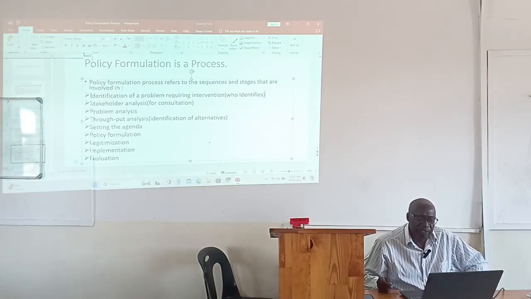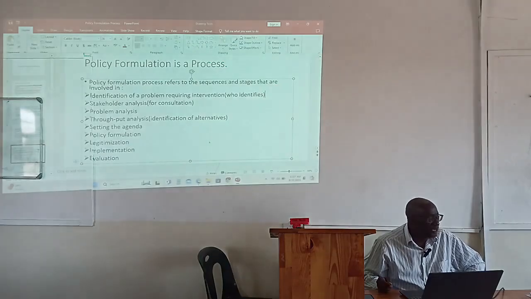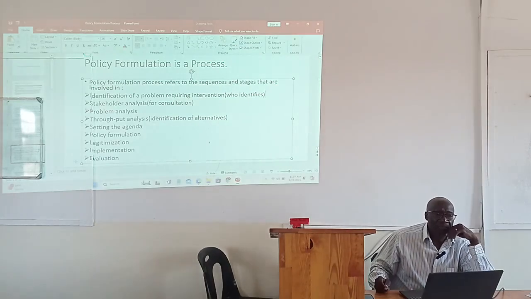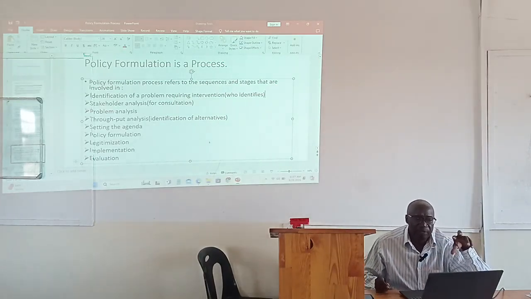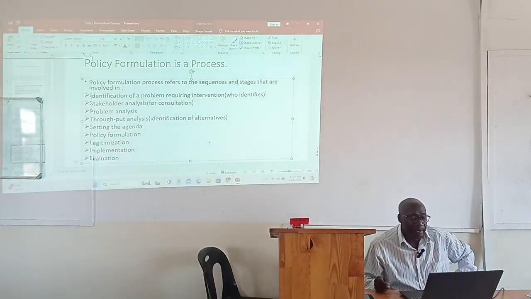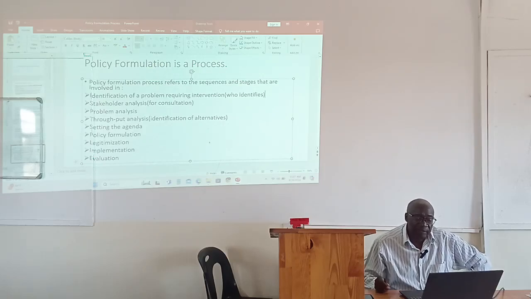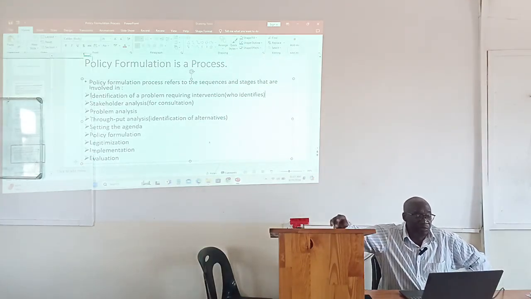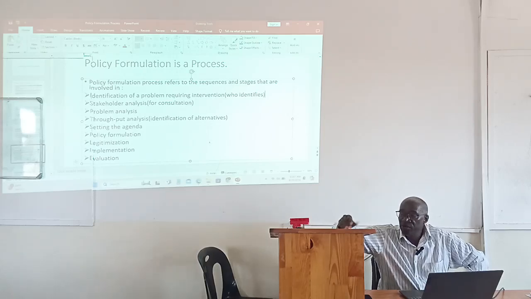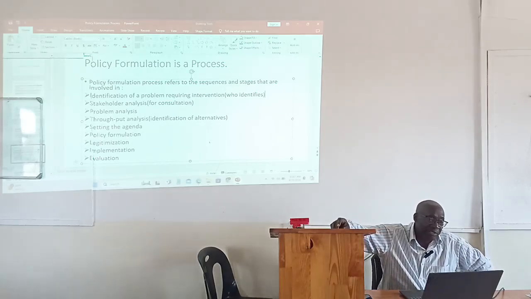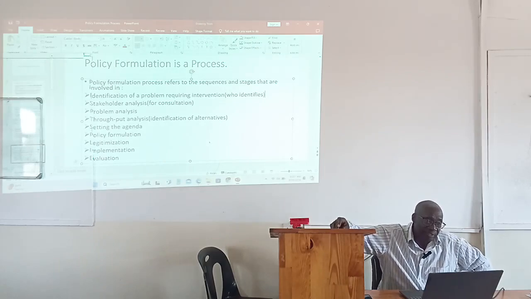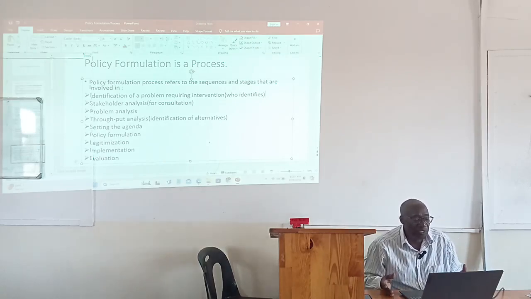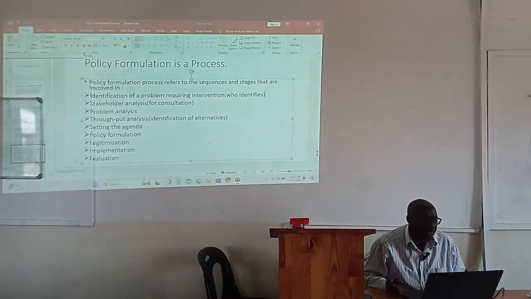On the other hand, the public may come up with an idea to inform government about the problem in the area where they require government intervention. And sometimes it is through advocacy by NGOs. We are all seeing how human rights organizations can push for policy change, right? So there are many ways through which the problem can be identified.